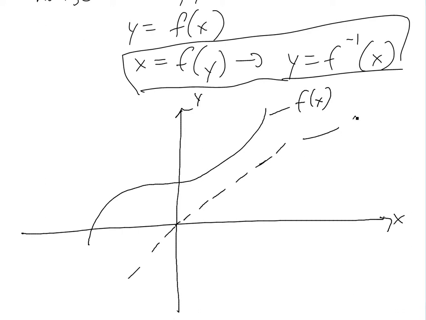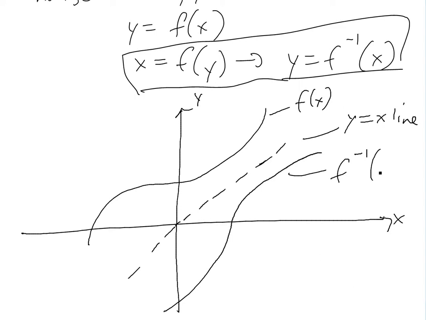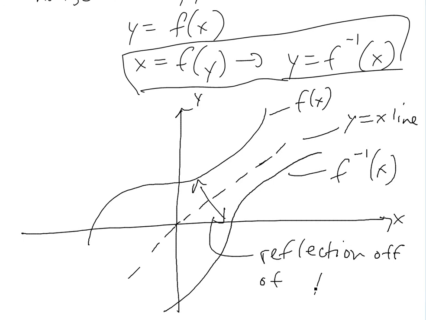The inverse is just a reflection off it. We draw it perfectly like that, and we'll call this the inverse of that. You can see here it is a perfect reflection off the y equals x line.